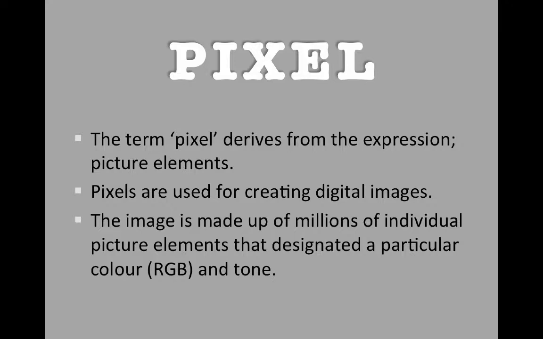The term pixel derives from the expression picture elements, and pixels are used to create digital images. The image is made up of millions and millions of individual picture elements, and they designate a particular color value or RGB value and tone.